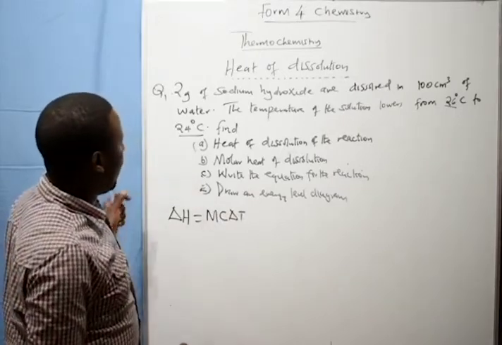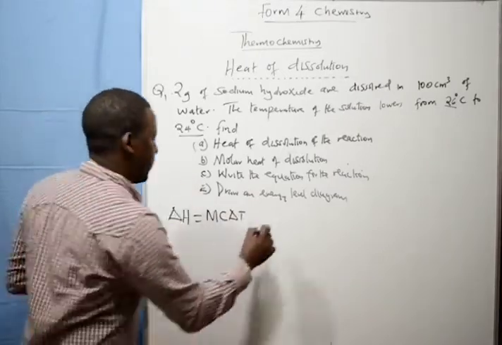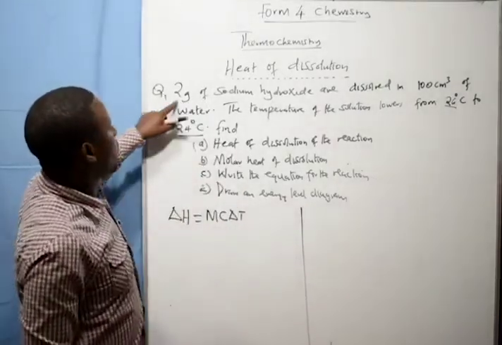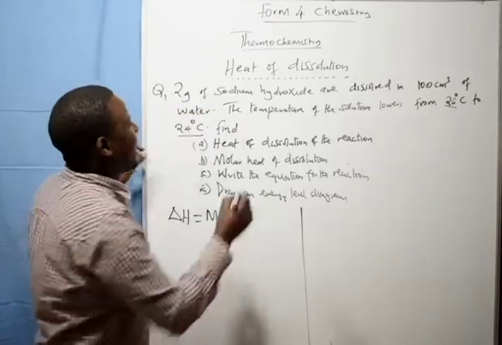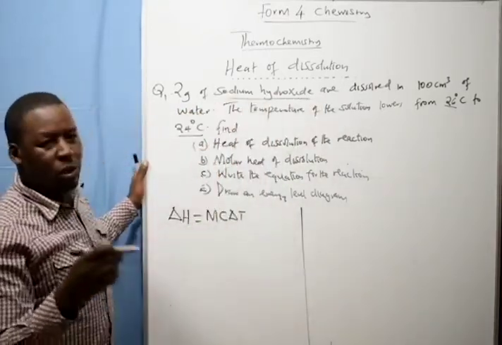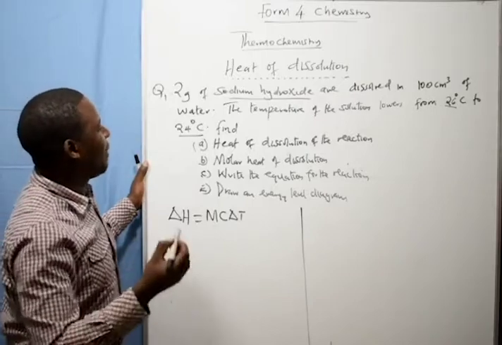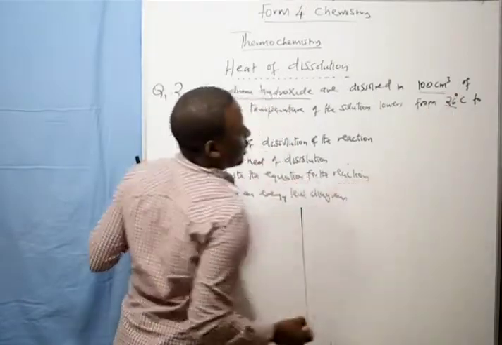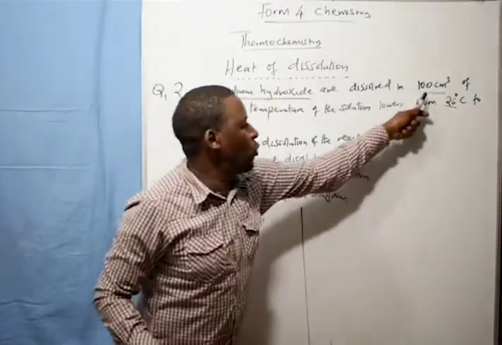First of all, let's look for the mass. We have 2 grams of sodium hydroxide. This is a solute that was dissolved. We don't use the mass of the solute, but use the mass of the solution. They were dissolved in 100 cubic centimeters. This is the solution we are going to look for the mass of.